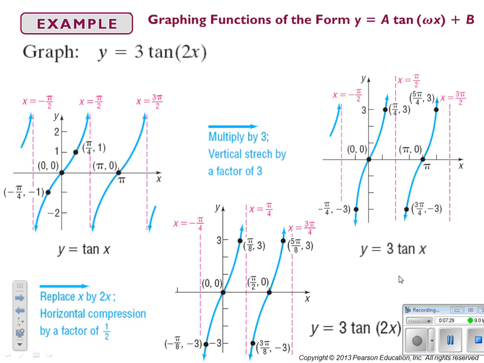Twice as fast. So go ahead and graph this third one on your paper. Please make a note of how, because it's not anywhere here, we multiply our x values by 1 over the compression, 1 over, I guess they call this omega.